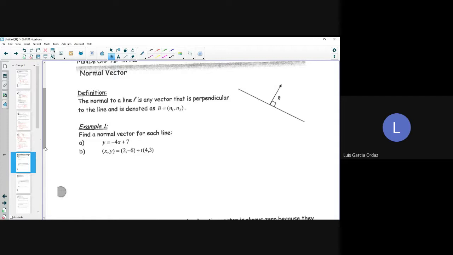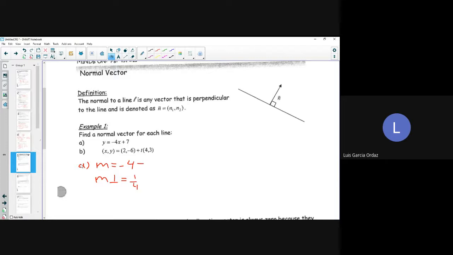So let's find a normal vector for each line. So for A, I have y is equal to negative 4x plus 7. My slope is negative 4. What would my perpendicular slope be to that line, negative 4x plus 7? Should be pretty easy. 1 over 4.